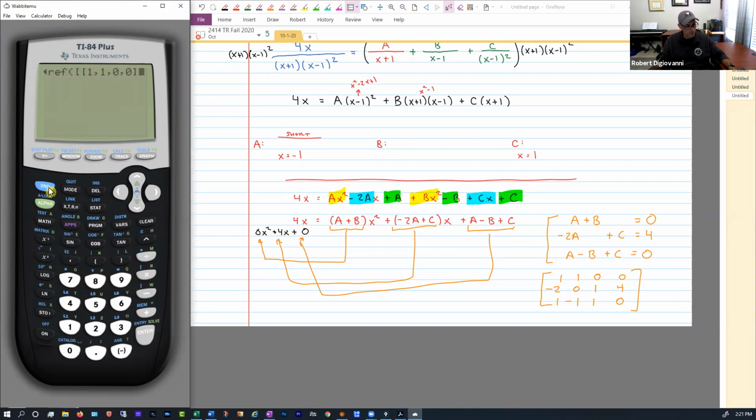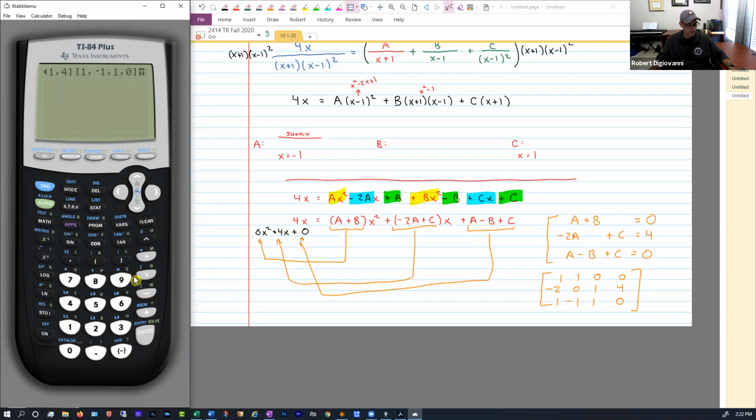Close it, open it, then -2, 0, 1, 4. Close it, open it, 1, -1, 1, 0.